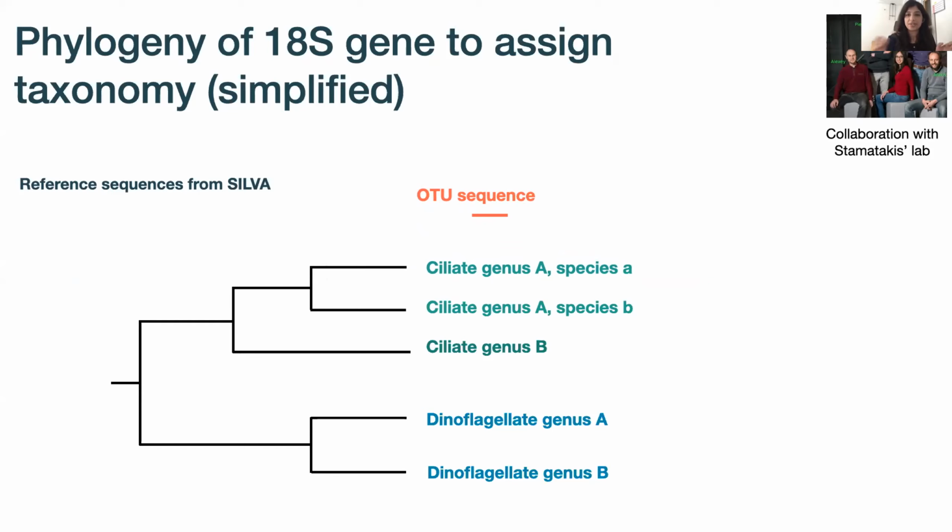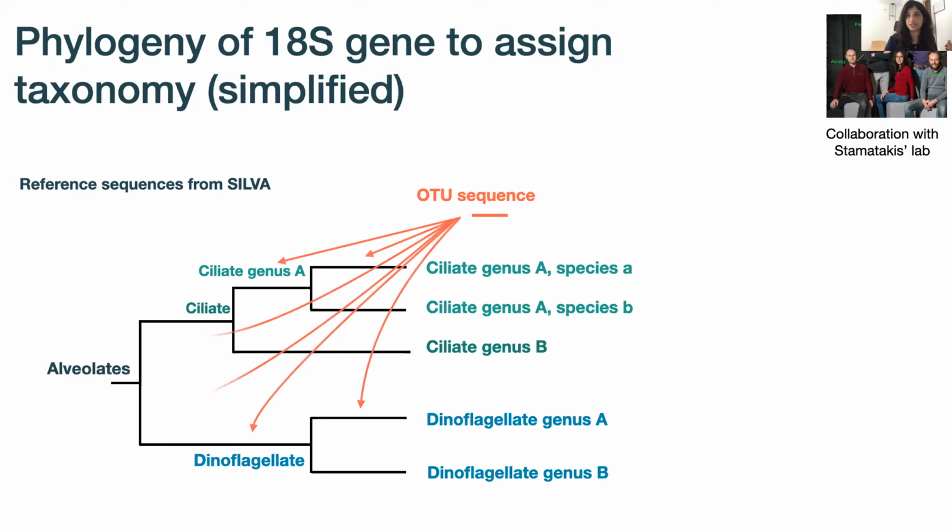So now that we have our reference tree, we use the labels at the tips to annotate the inner nodes. And then we can place the OTUs one by one on each of the branches of the tree using phylogenetic placement. And then for each placement, we calculate the probability that the query belongs there.